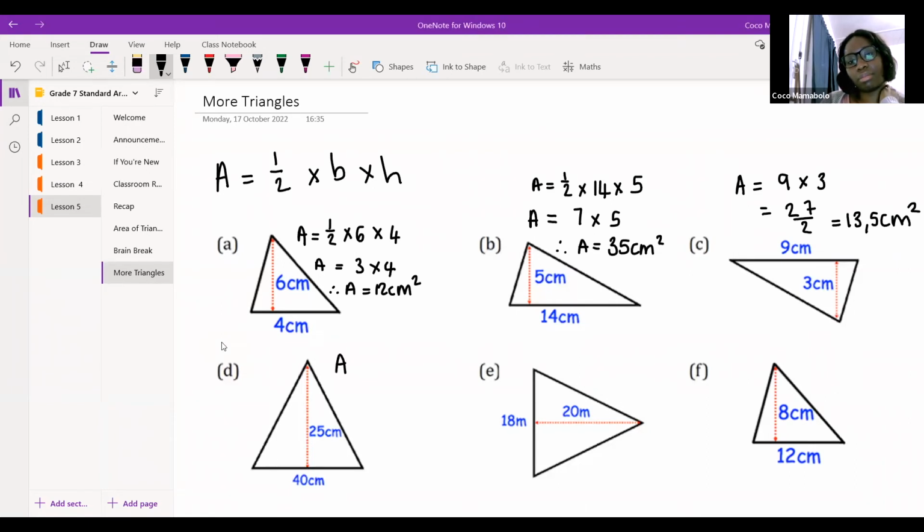A equals a half times 40 times 25. Good. All right. What's my next line going to read? A is equal to 20 times 25. Good. Therefore, area is equal to?